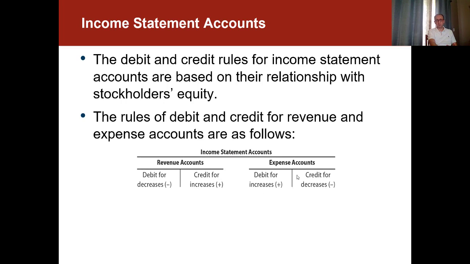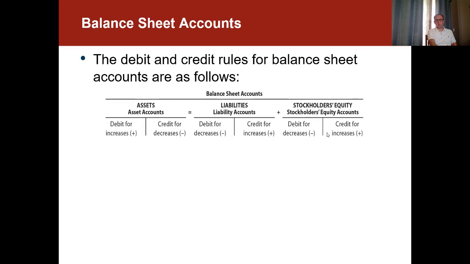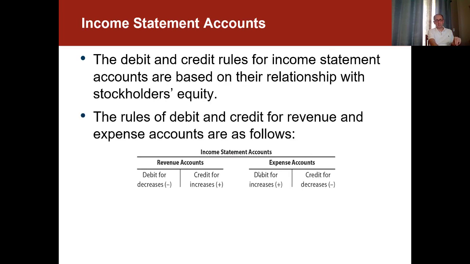So let's compare that to stockholders' equity. So you see here, debit used to be the decrease, but because expenses have the opposite nature, like we know that expenses reduce stockholders' equity, so it works in the opposite direction. So you can see here for expenses, debit is the left-hand side where we record the increase, and credit is where we record the decrease.